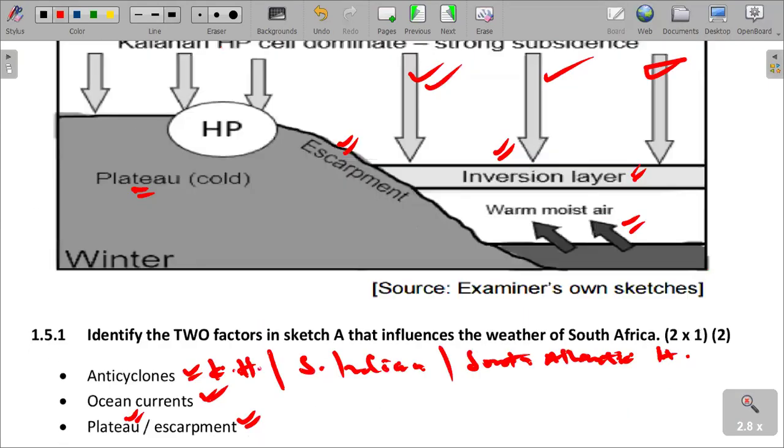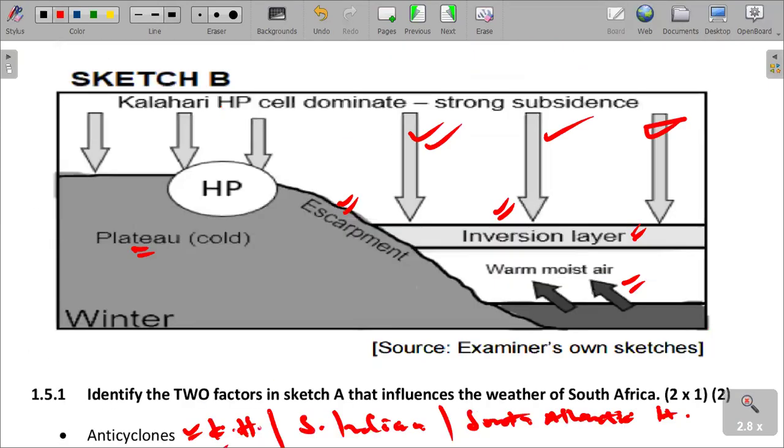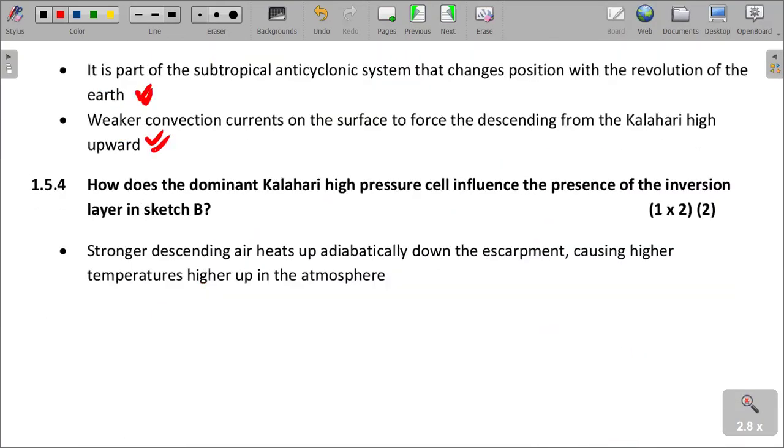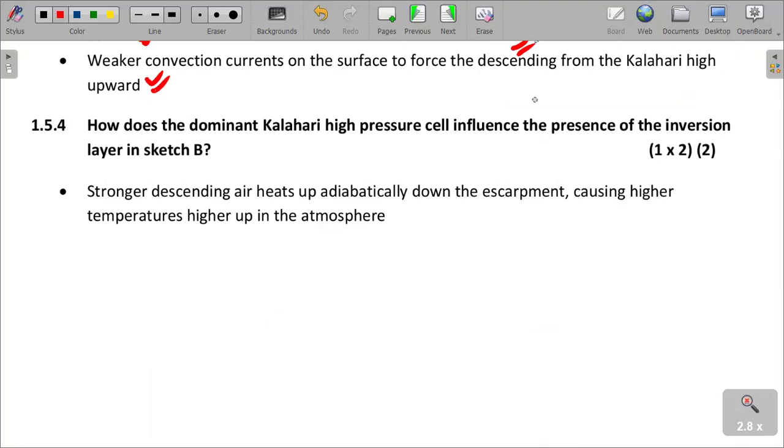So the air has all the power to go down because the convection currents are weaker. Weaker convection currents on the surface force the descending air from Kalahari upwards, as you have seen from the arrows that I showed you there.